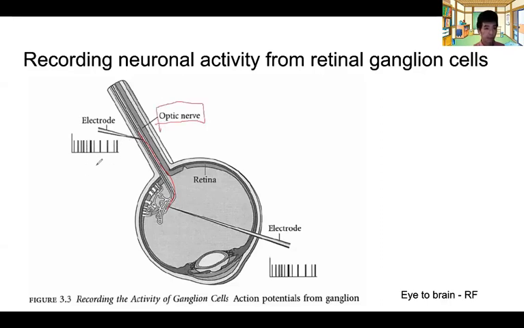This scheme shows that, as long as you're recording from the same neuron with the axon identified, you see the same pattern of spikes. The spikes, as you can see, are on and off, and the pattern of the pulses, both temporal and spatial, conveys the information about this visual information.